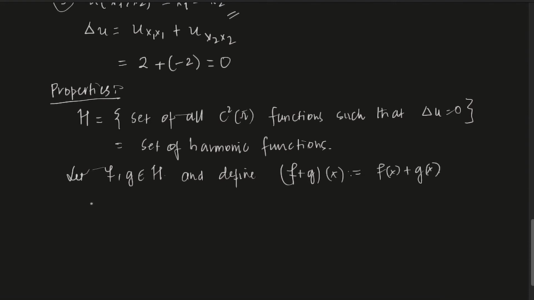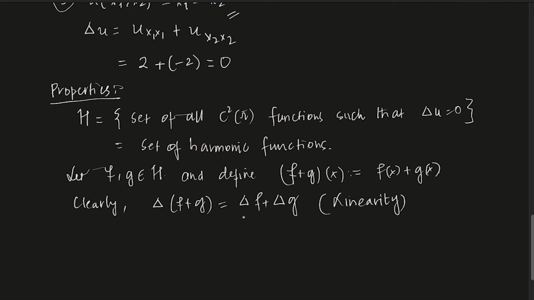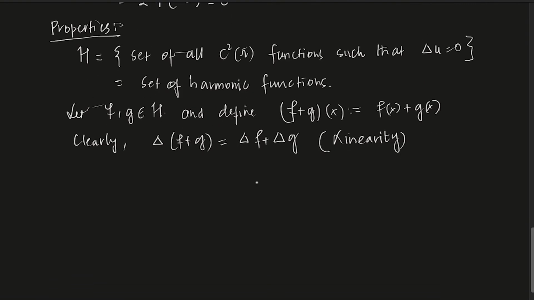If I define it like this, then Laplacian of f plus g is going to be Laplacian of f plus Laplacian of g. Okay, how is this true? Because of linearity. If you are not convinced about this, I am not proving all of this, it is going to be time consuming. It is just 2 lines, but please check this part. It's not very difficult.